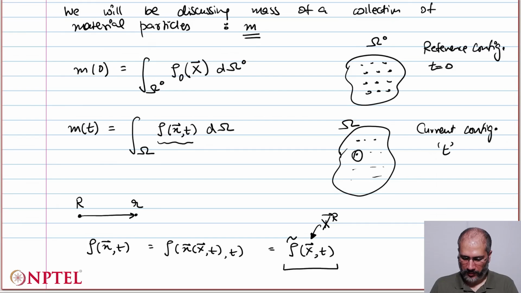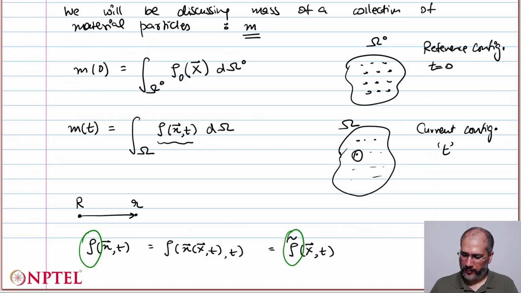Whereas my function rho is used to track the density of a spatial point small x with time. Different particles may be crossing the same spatial point with time, but this function will tell us the density of the particle which is sitting at that spatial point for any given time. So these descriptions have different motives. We have a rho, which we'll use to denote the Eulerian description of density.